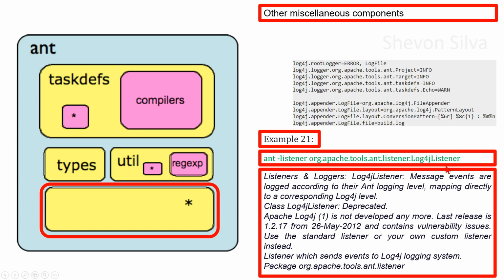This passes the build event to log4j using full class names of the generator of each build event as a category. Build started, build finished: org.apache.tools.ant.Project. Target started, target finished: org.apache.tools.ant.Target. Task started, task finished: a fully qualified class name of a task.